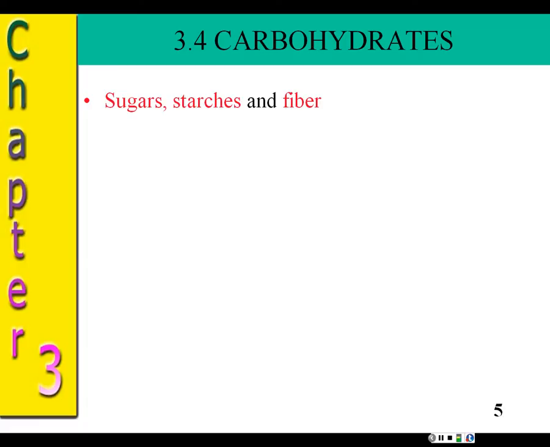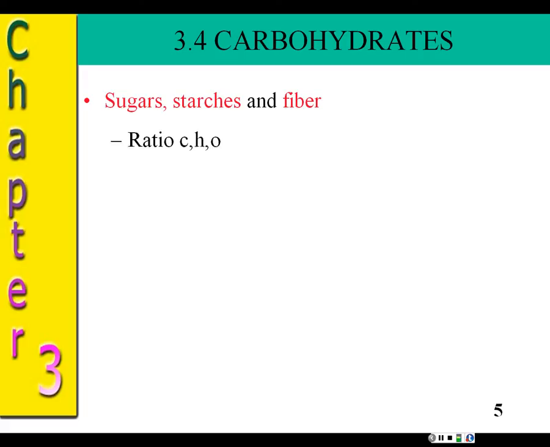The carbohydrates are the first one we're going to talk about. They include your sugars, your starches, and the fiber, which the doctor is telling you to make sure you include in your diet. So the sugars, the starches, and the fiber.